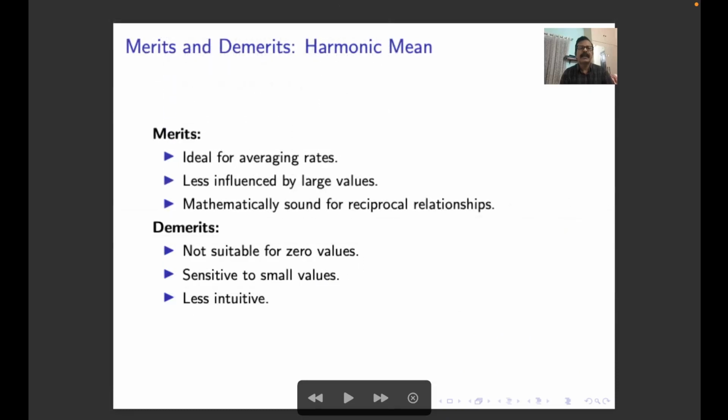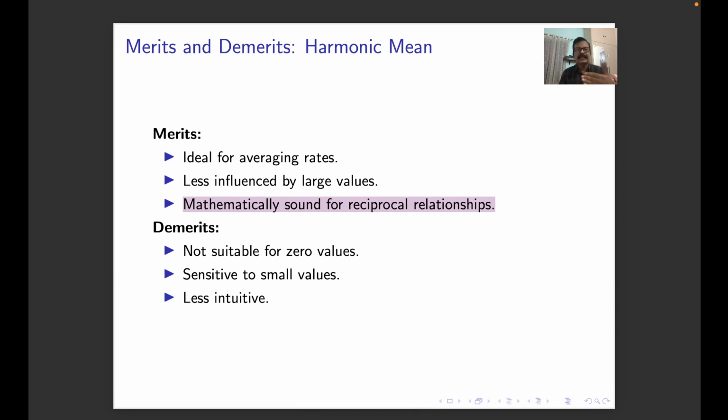And regarding the harmonic mean, the merits are: first, it is ideal for averaging rates. Less influenced by large values. Mathematically sound for reciprocal relationships. These three are important merits.